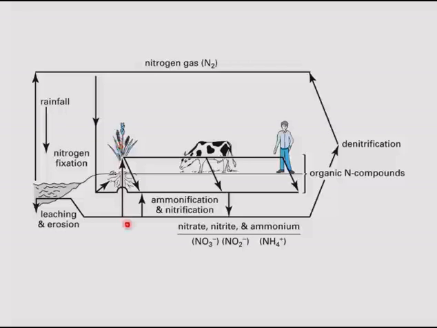Okay, these can also leach out, or another process is called denitrification, where in anaerobic conditions, meaning there's no air, the nitrate is converted to nitrite, and then it's actually converted to nitrogen gas through the process of denitrification.